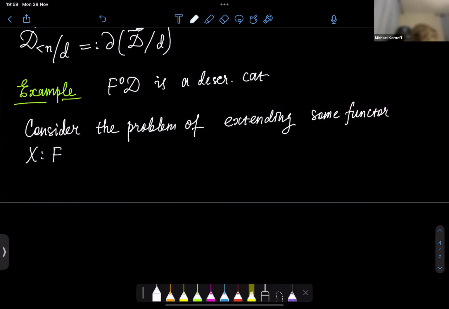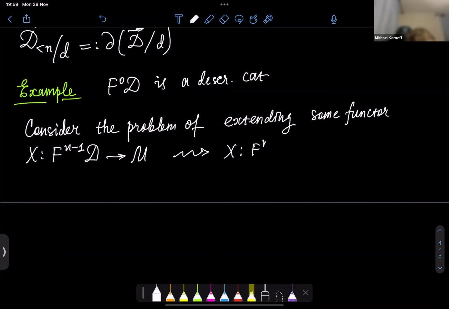Some functor from some lower filtration, say n-1, to the filtration of degree n.